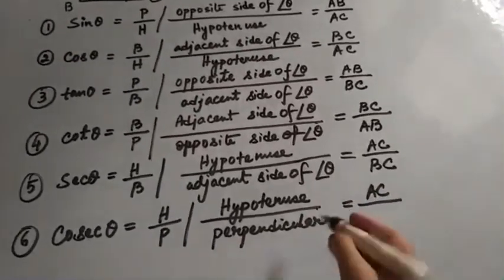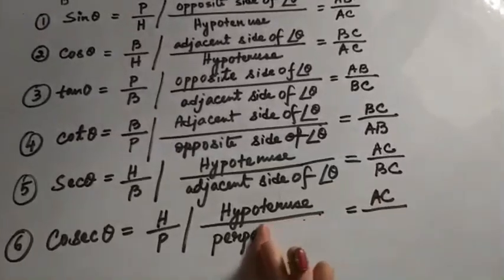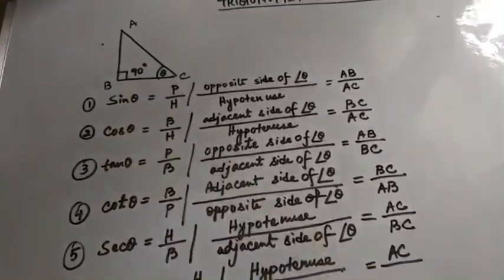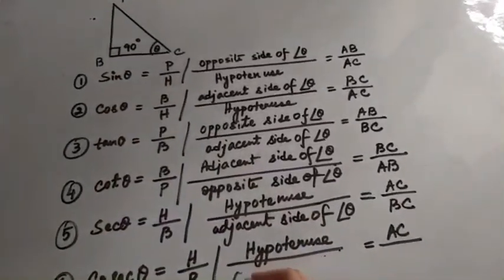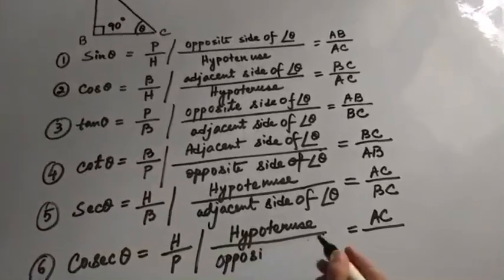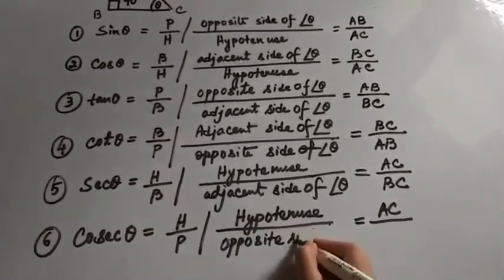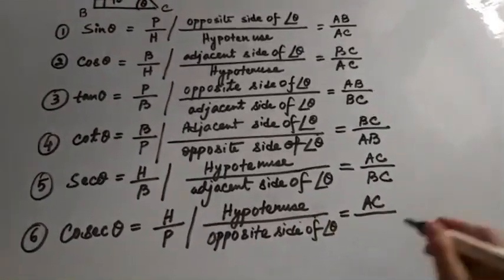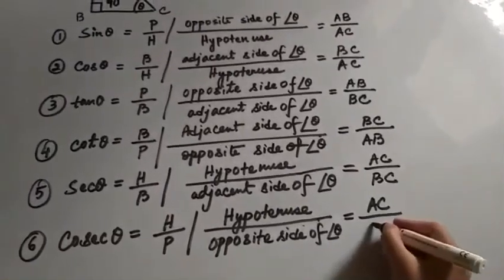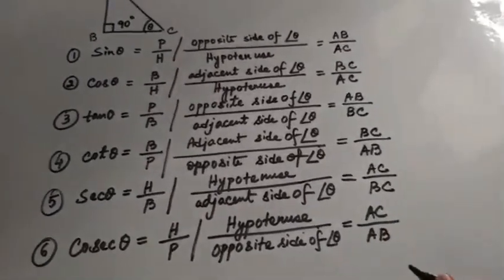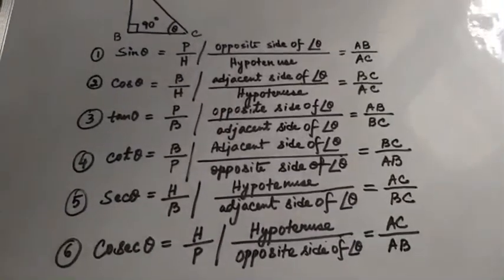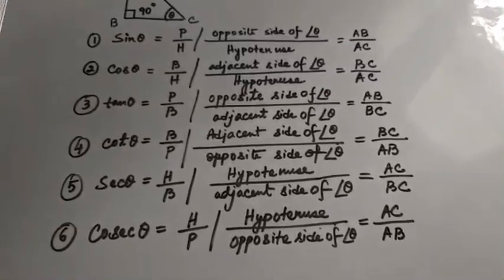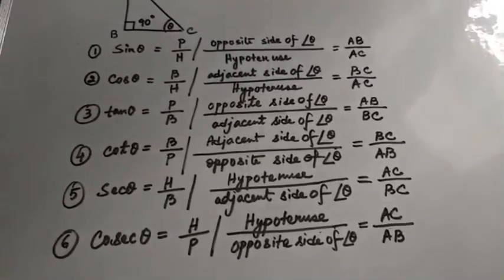Instead of perpendicular, you can write, what is the meaning of perpendicular? If you see the picture, that will be opposite side of angle theta. Okay, that means that will be AB. So these are the ratios of sin theta, cos theta, tan theta, cot theta, sec theta and cosec theta.